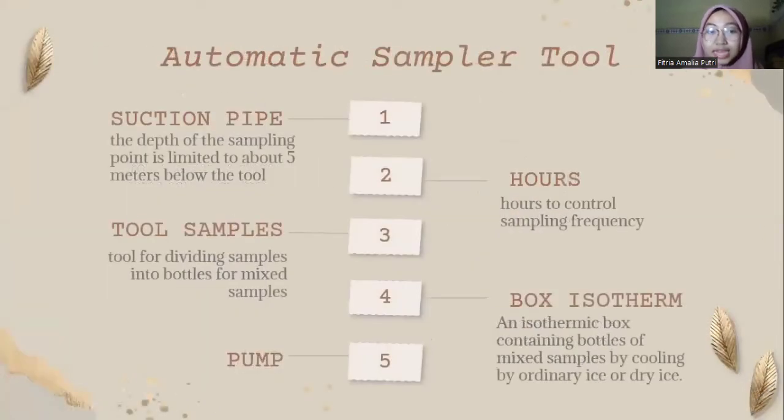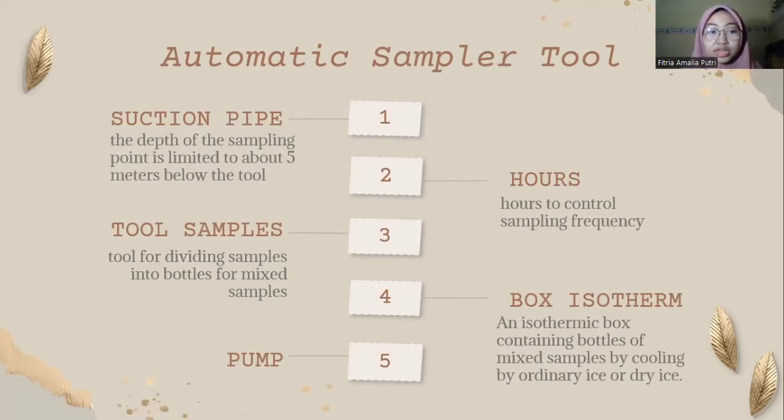And the next, this is the automatic sampler tool. The automatic sampler tool has five parts. The first is the suction pipe. Suction pipe, the depth of the sampling point is limited to within 5 meters below the tool. And the second tool is the timer, to control sampling frequency.